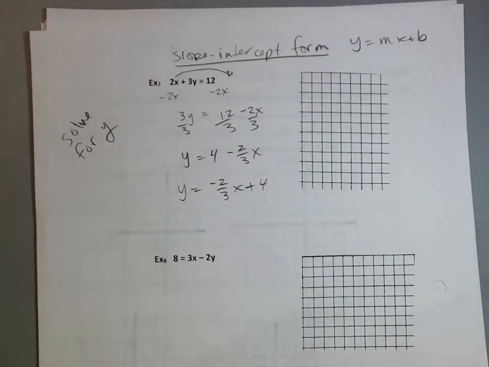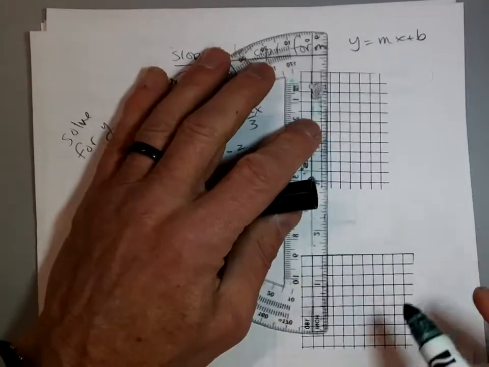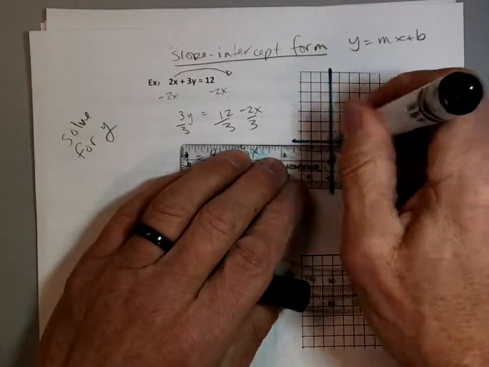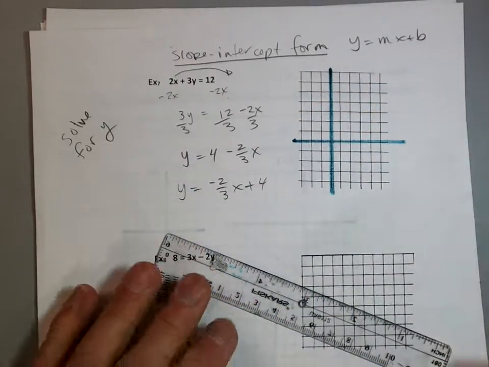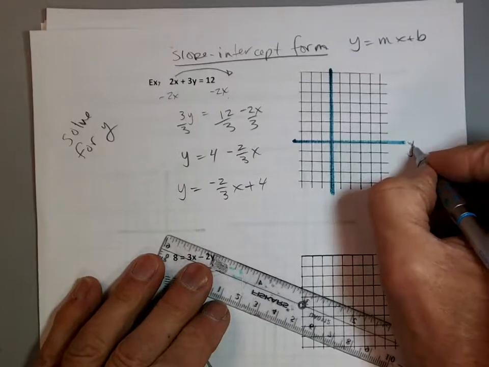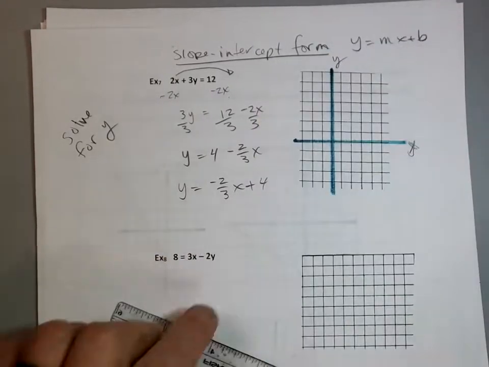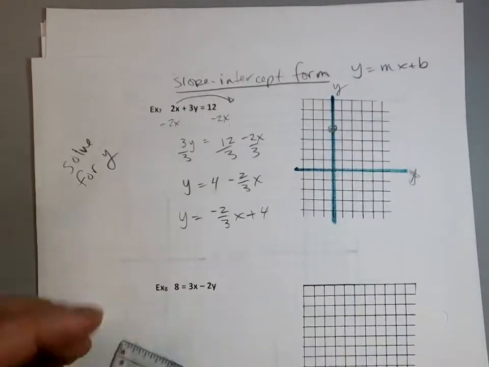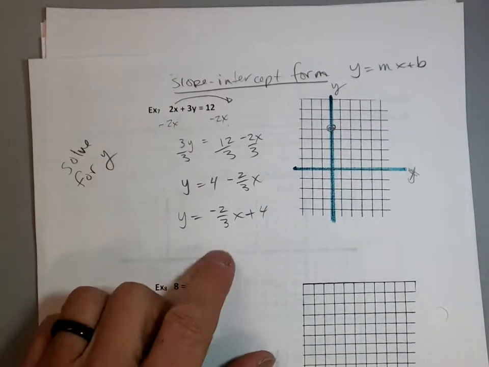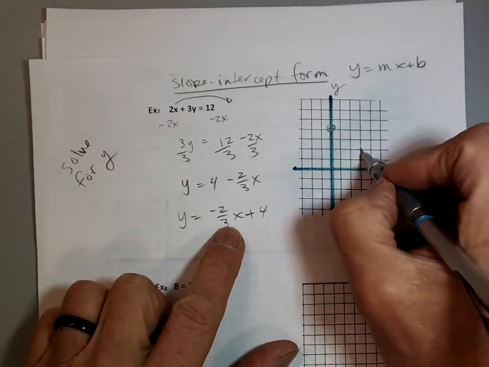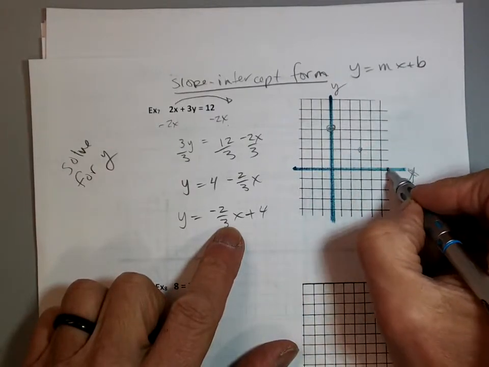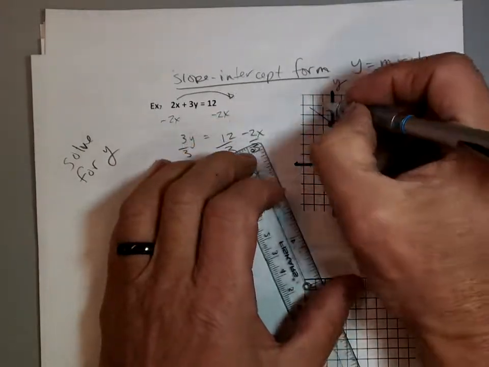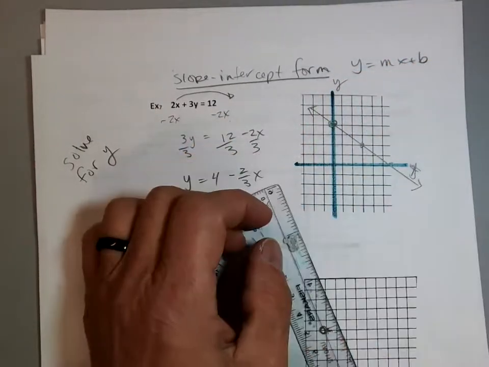My x-axis, y-axis, start at positive 4, 1, 2, 3, 4, and then I'm going to go down 2 over 3, yep, down 2 over 3, and there's my line. Arrows, because it goes on forever, okay, thumbs up.